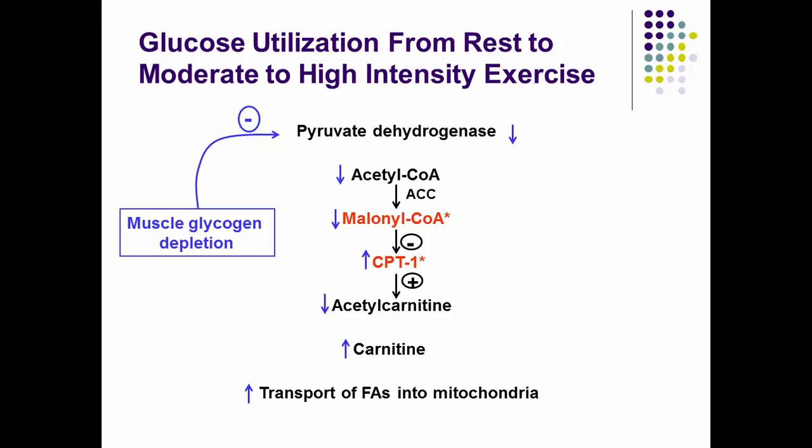It can inhibit CPT1, which is a key transporter of fatty acids into the mitochondria, right? So decreased malonyl-CoA levels will lead to increased CPT1 activities. And this will allow more fatty acids to be transported from the cytosol into the mitochondria for beta oxidation, right?